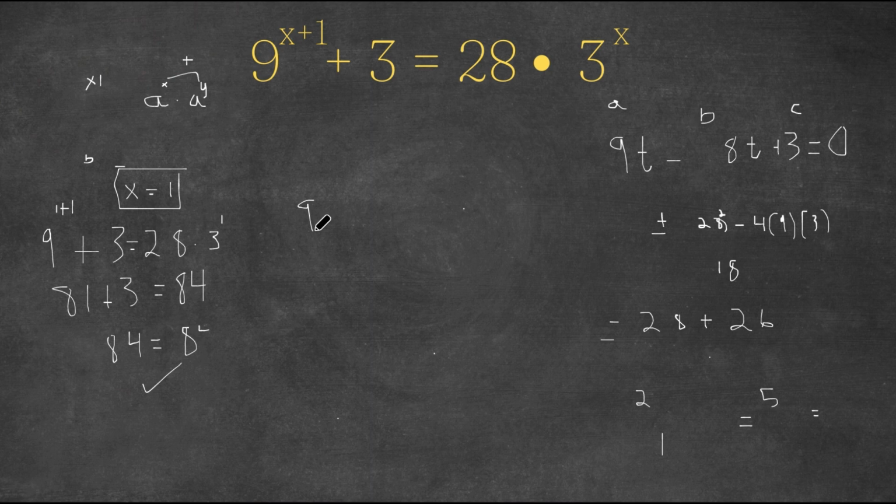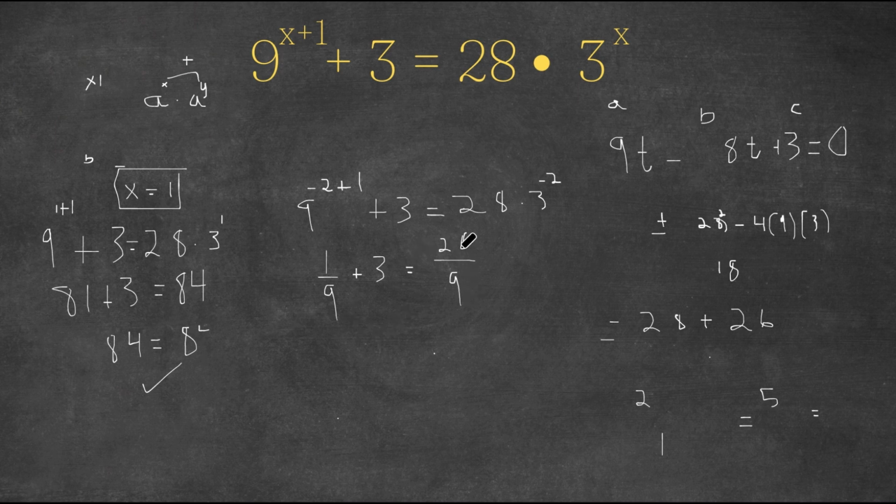So we have 9 to the power of -2 plus 1, plus 3, equals 28 times 3 to the power of -2. 9 to the power of -2 plus 1 is 9 to the power of -1, which is 1/9, plus 3 equals 28 times 3 to the power of -2, which is 28/9.